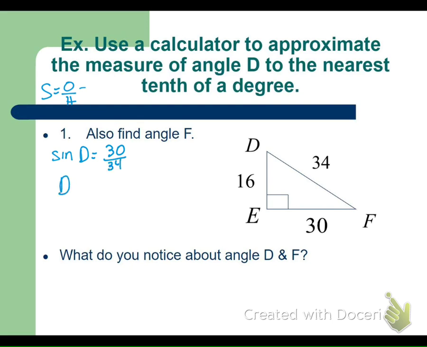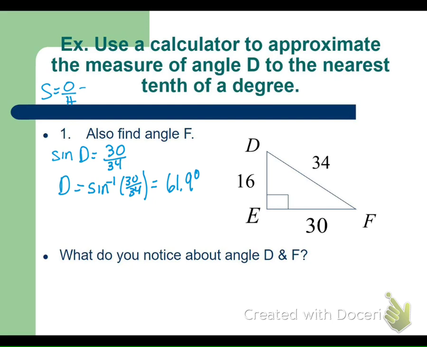So to find D, we do sine inverse of 30 over 34. We're going to get an angle measure: 61.9 degrees.